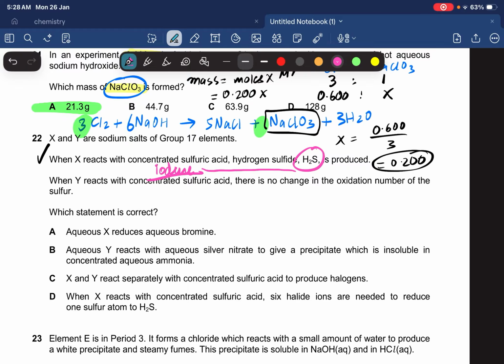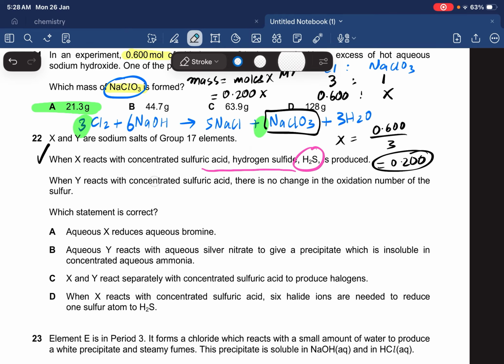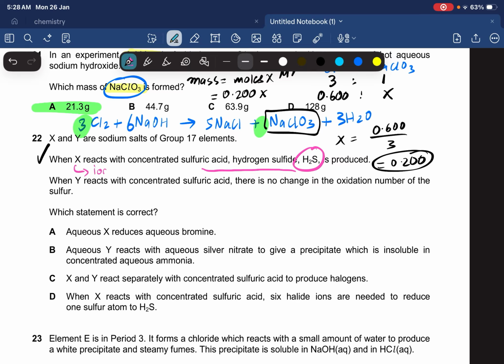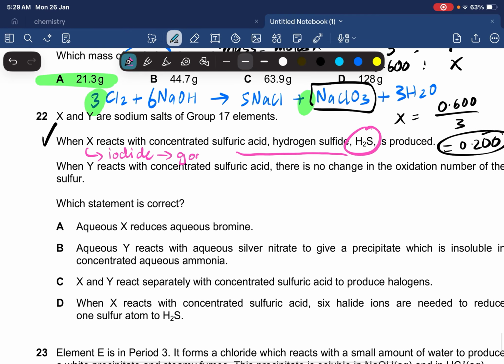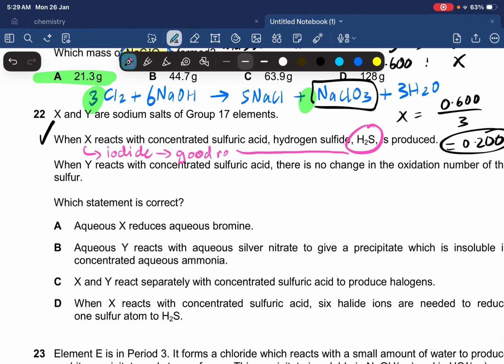This iodide ion is a good reducing agent. So X is definitely iodide.